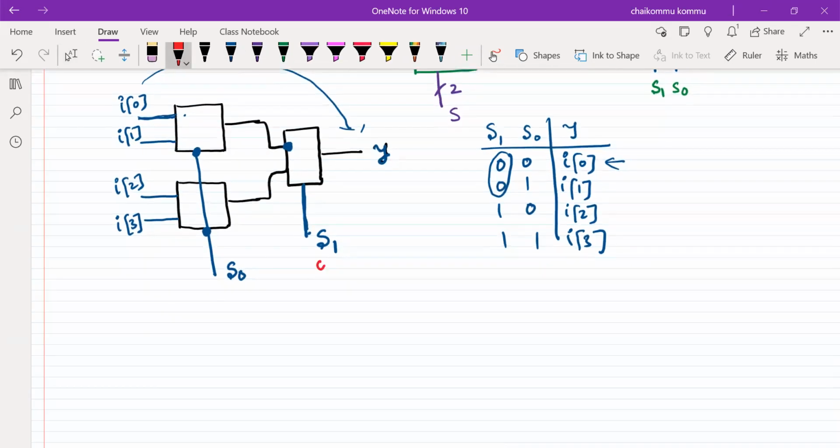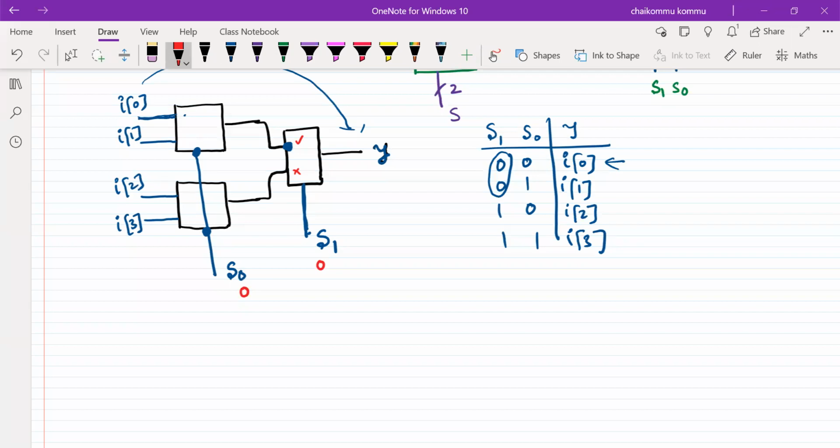If suppose this is 0, this is 0. Okay. I naught will be selected. That means this 0 means this will be selected. And it is not at all selected. If it is not selected, means we don't bother about this multiplexer. Second multiplexer, we don't bother about it. Upper multiplexer is important. So if it is 0 means I naught will be selected. Therefore, I naught will come as an output signal.